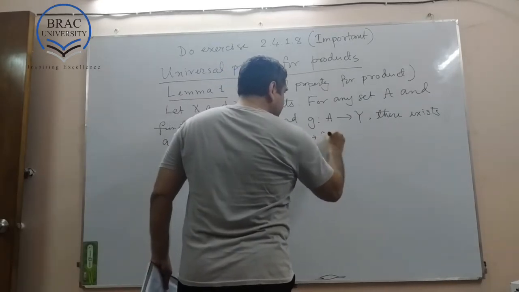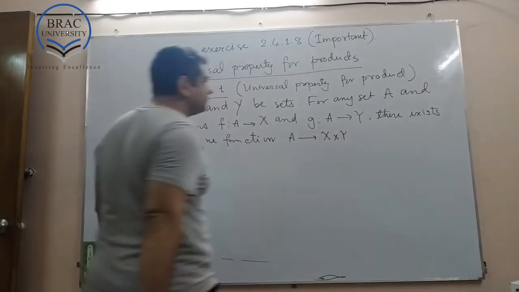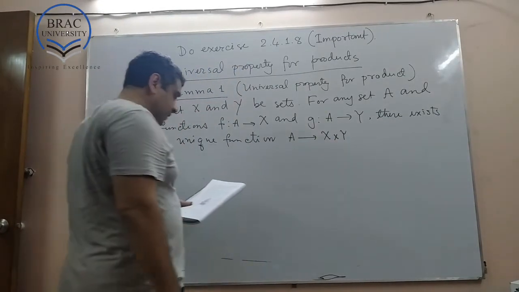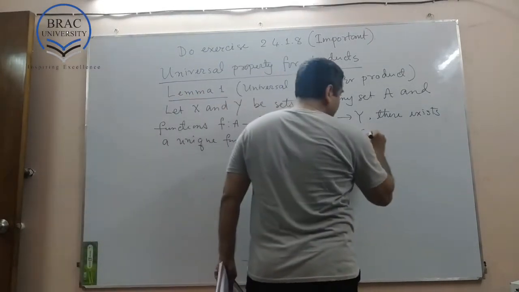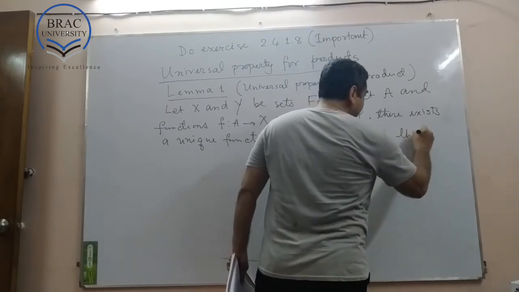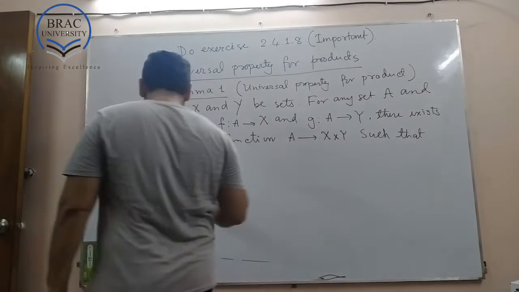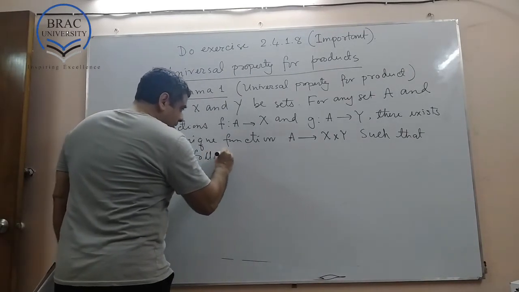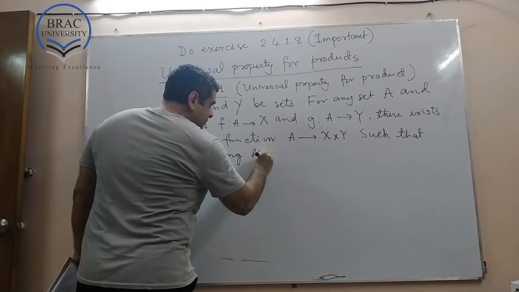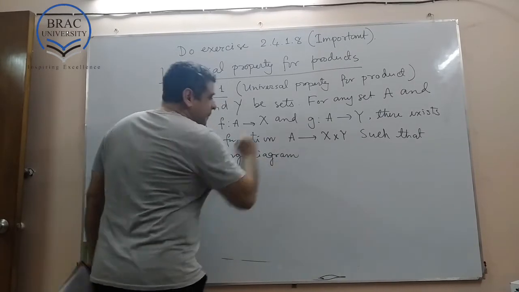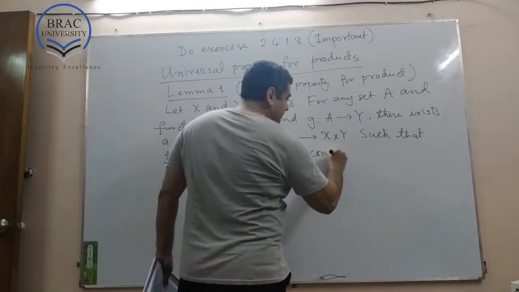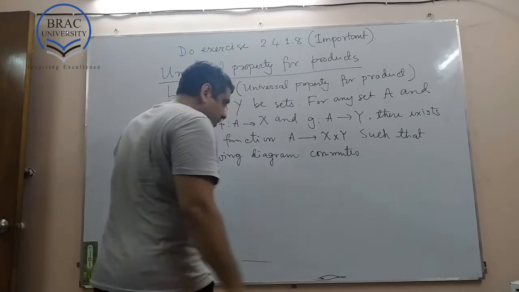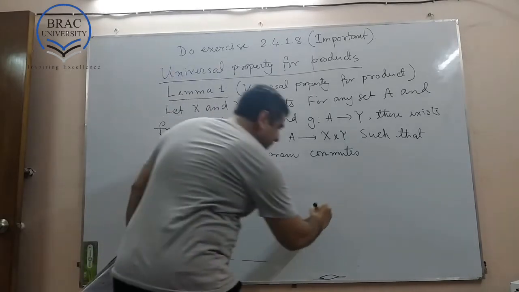from A to X cross Y, which is the product of these two sets, such that the following diagram commutes. We know what is meant by commutative diagrams. And what is the diagram? The diagram is as follows.